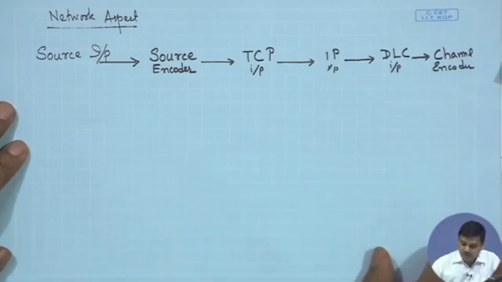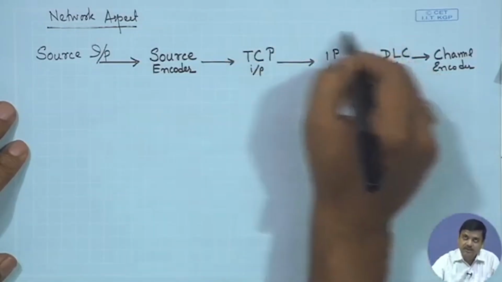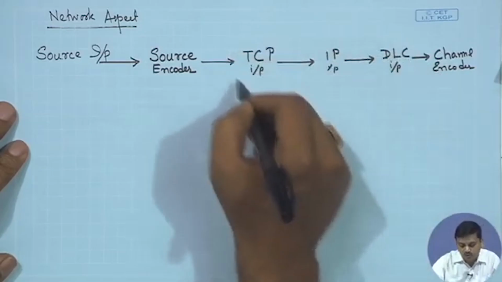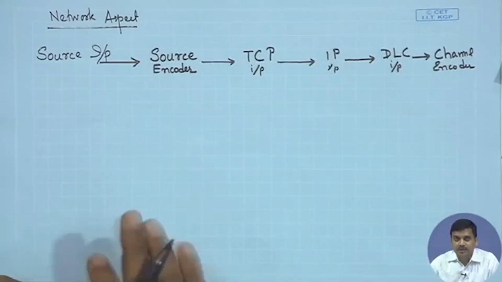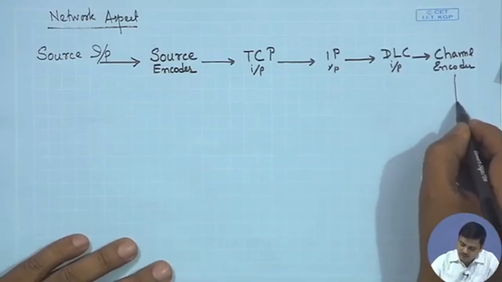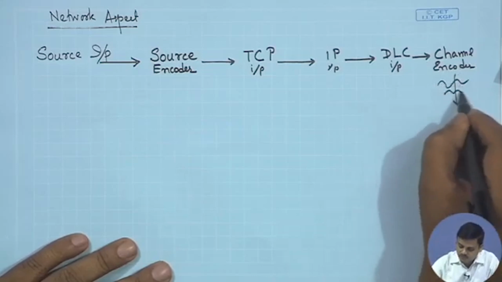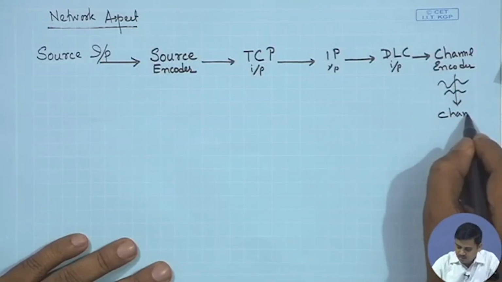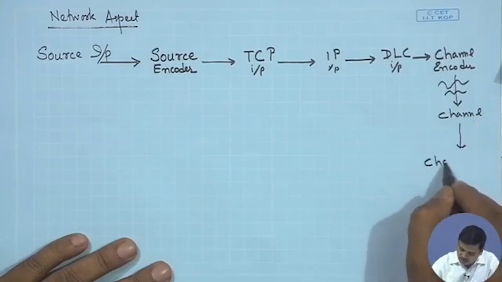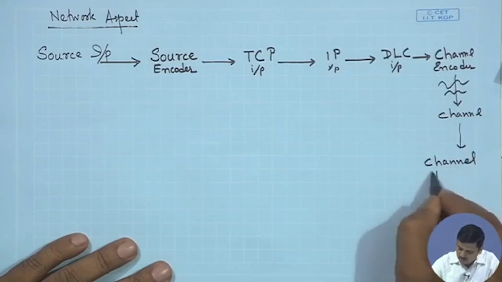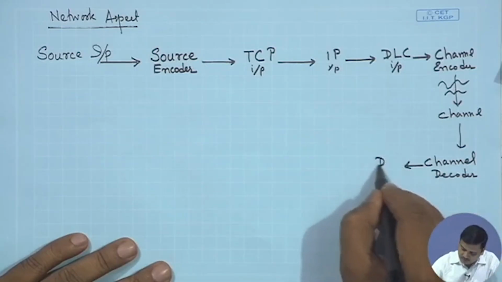So when we had written channel encoder, we did not mean these things, but again these could become part of channel encoder in our earlier diagram, but this is generally what happens. From the channel encoder, which generates waveforms, it goes to the channel, and the reverse procedure we will see some of the components.